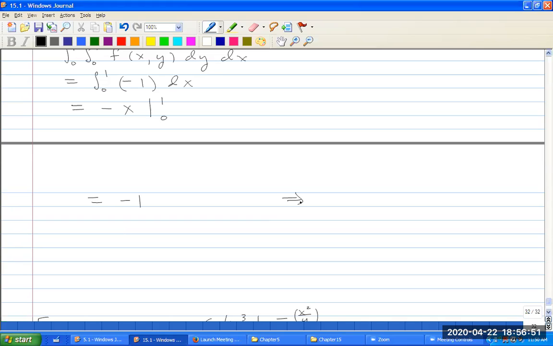But notice that when I integrated the integral from 0 to 1 of f of xy dx dy, I got that this was a plus 1.